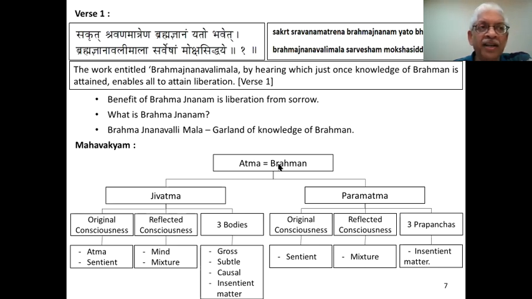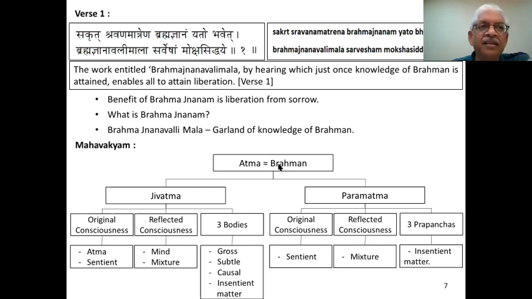That is why I always insist, when you close your eyes, you should say, Aham Brahma Asmi. That means I am that Brahman. When you say that, a vritti, a thought, rises up in the mind. It reflects the consciousness.